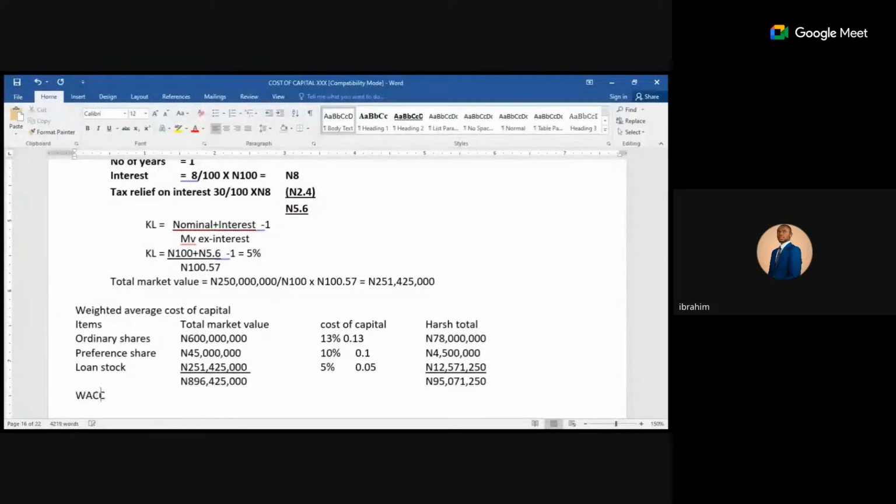WACC is equal to what, class? Total cost of capital divided by total market value. 95,071,250 over 896,425,000. This question is adopted from an ICAN past question. You can check.